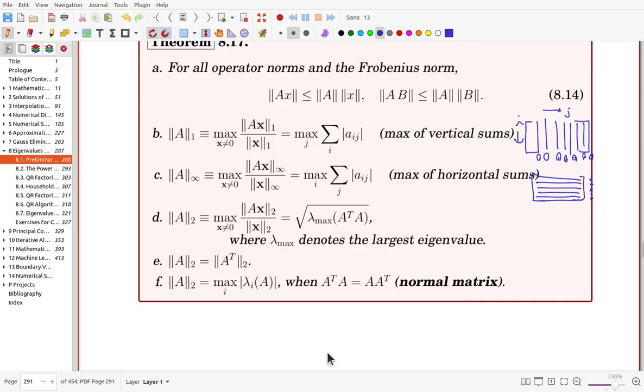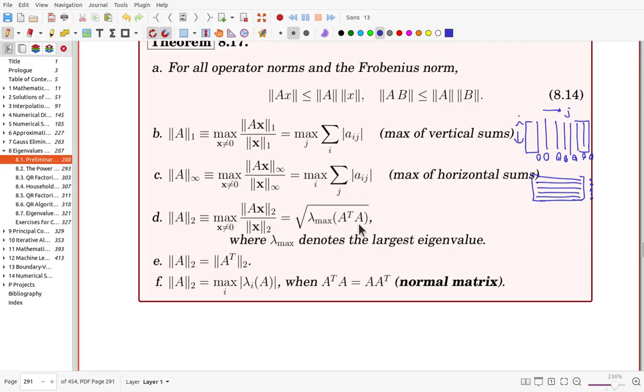Okay. Now, the two norm, that is a definition. Of course, this two norm is the matrix two norm, and this two norm is the vector two norm. Now this is a kind of computational formula: after getting A transpose A, find the largest eigenvalue, and then take the square root.